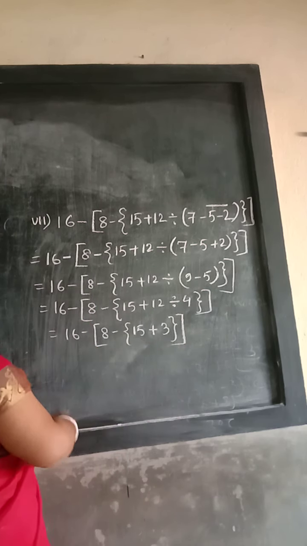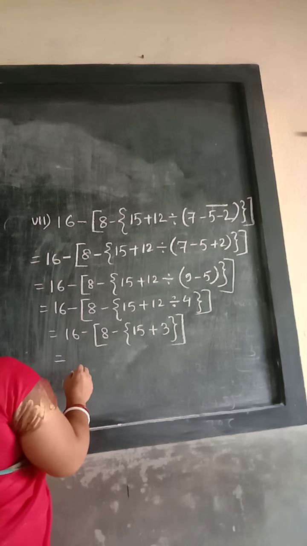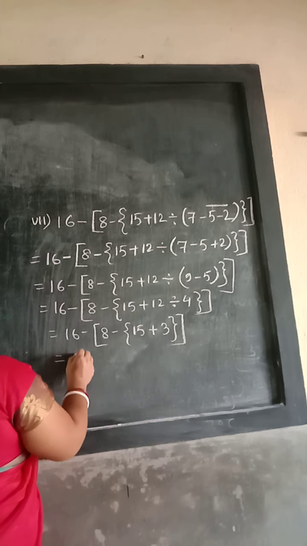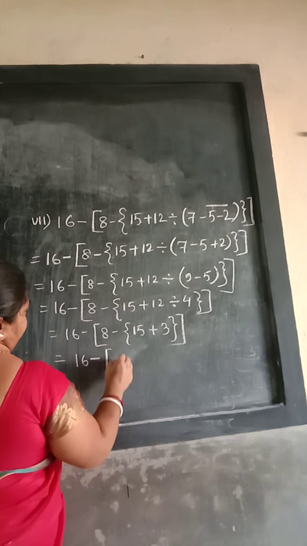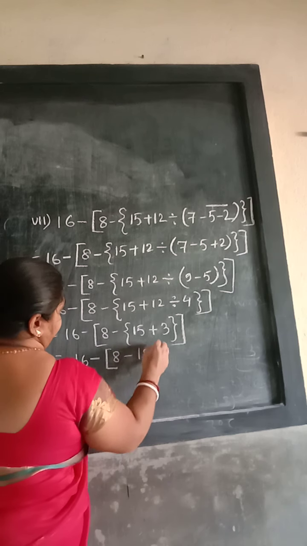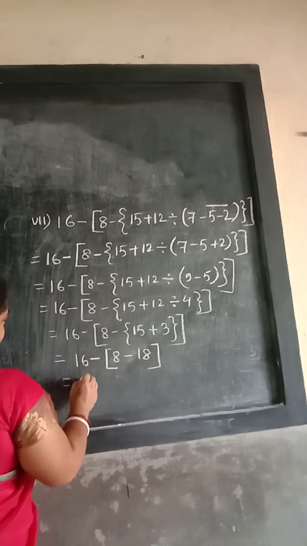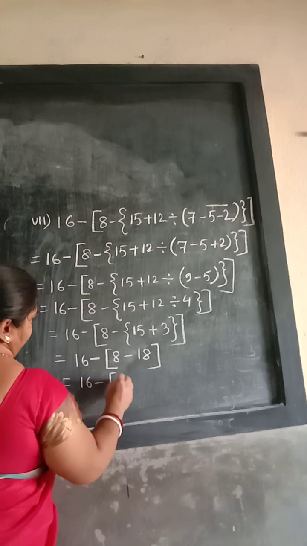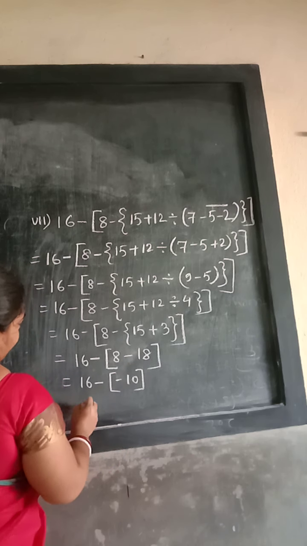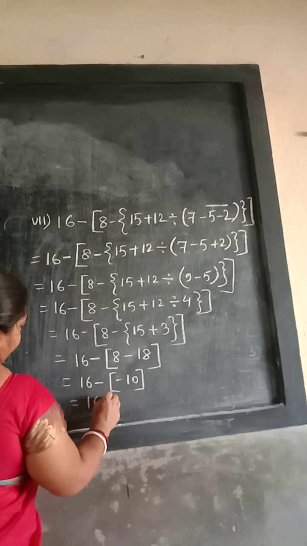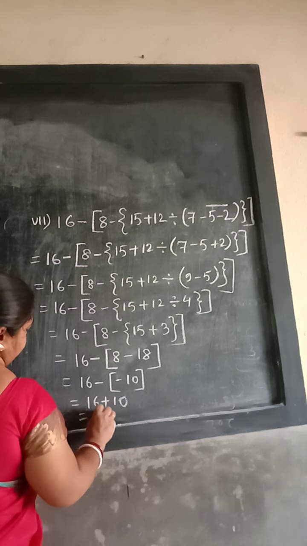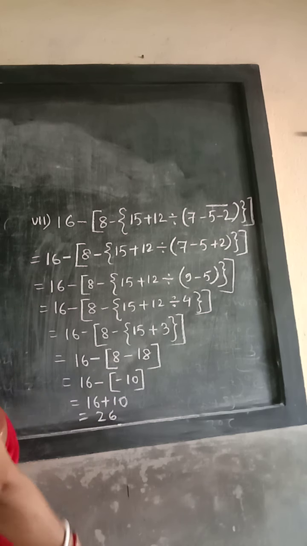So we'll write 15 plus 3, 16 minus 8 minus 18, or 16 minus 10, or 16 plus 10. So the answer is 26. This is for question number 7. Please write it.